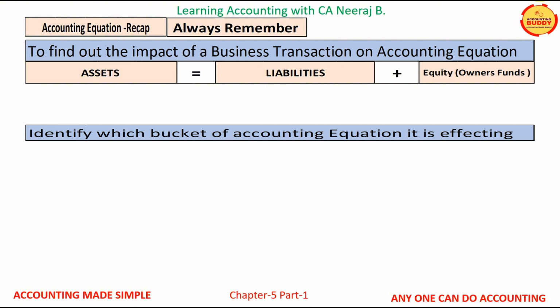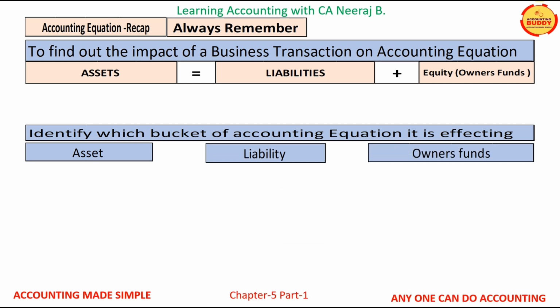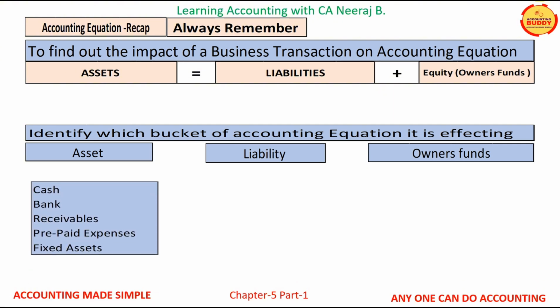That is, whether it is affecting the assets, liabilities, or equity. And by now, we very well know what assets are. They include both current assets like cash, bank, receivables, prepaid expenses, etc., and also non-current assets or fixed assets like plant and machinery, building, furniture, etc., owned by the business.